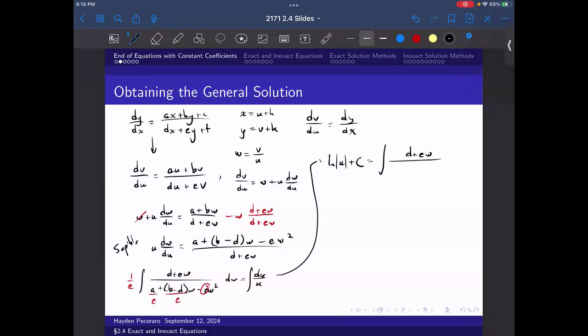And that leaves us with a tilde plus b tilde w minus w squared dw, where b tilde is a little silly named, but I don't want to have to write a whole bunch of stuff there.